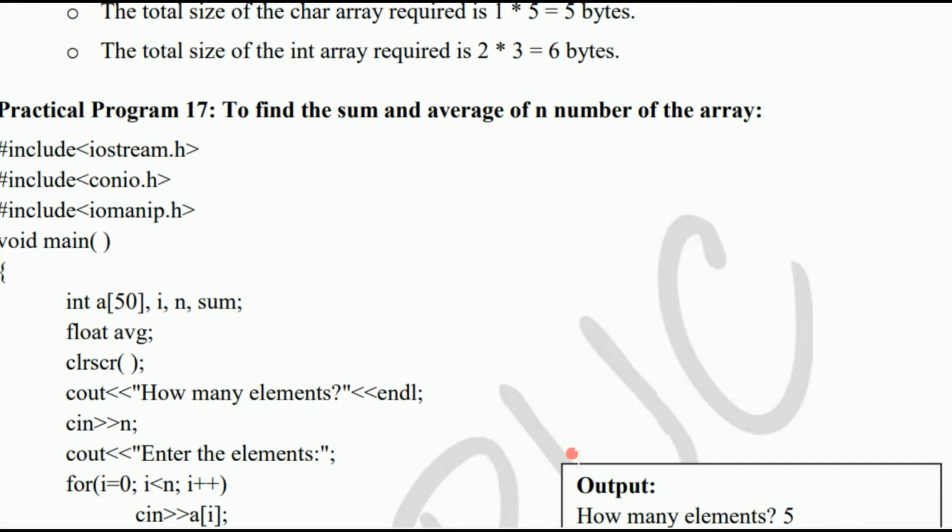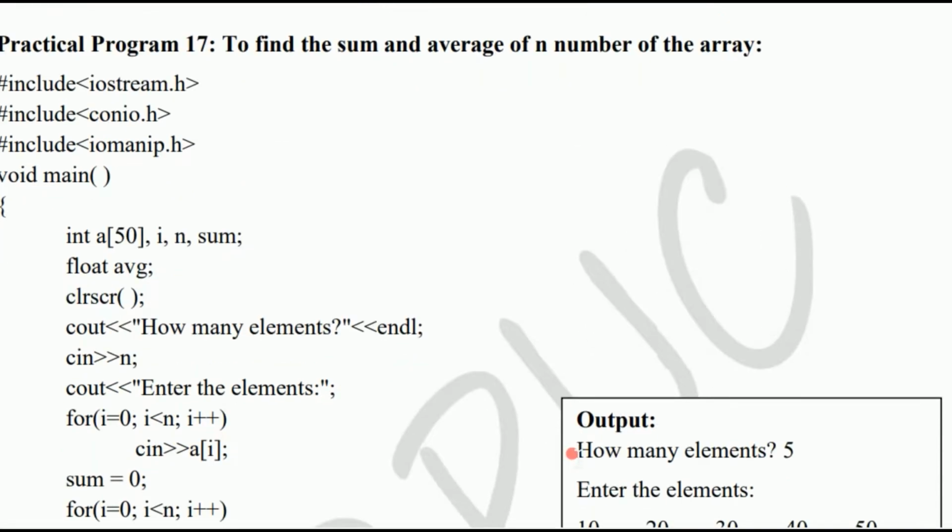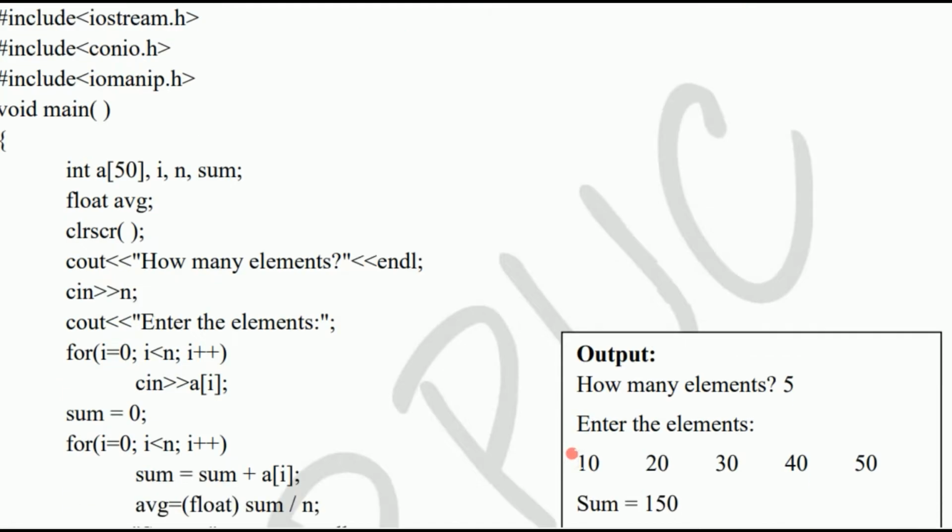Next, to find the sum and average of n numbers of the array. The same type of method. Here you can see we are using int a[50], one maximum value. Since taking a[n] is not possible for the array, it must be a constant. We have to take one constant as a size. So a[50], i, n, sum.